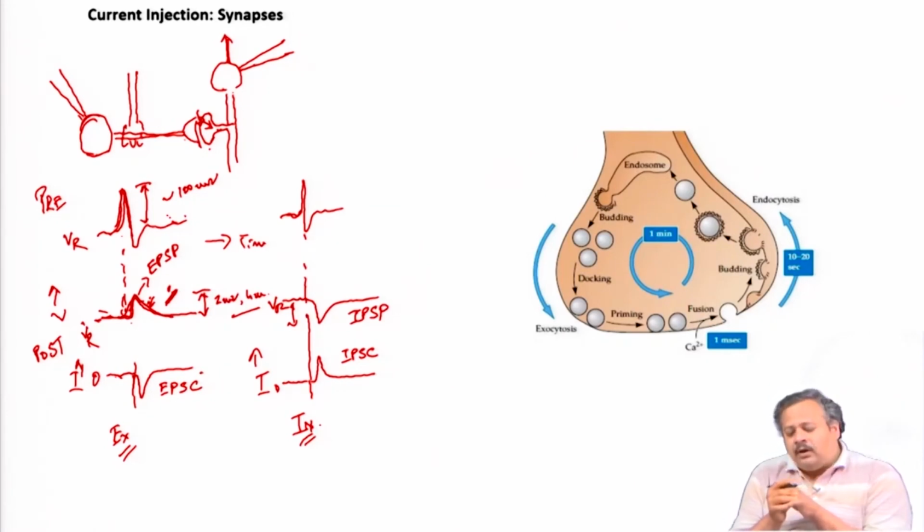Similarly, for GABA, the GABA receptors, type A and B, are also ion channels that are chloride channels, and when GABA binds to the receptors, there is a flow of chloride into the neuron, and that lowers the membrane potential, hyperpolarizes it, to produce an IPSP.